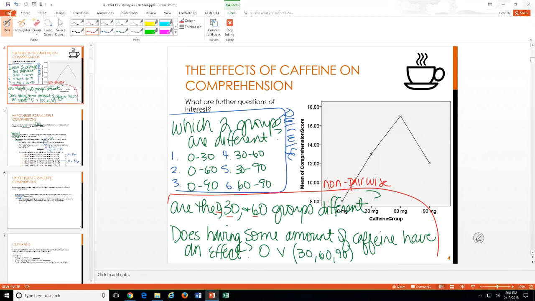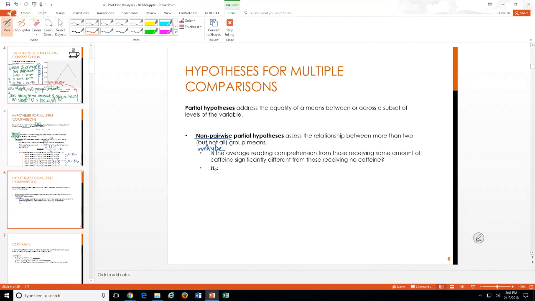So it's non-pairwise because it's more than just two groups, but it doesn't contain all of the groups, does it? No. Even this second one, we compare all of the groups, 0, 30, 60, 90, but we're not evaluating are all of them equal. We're asking, is one of them equal to the combination of the others? So those are considered non-pairwise.